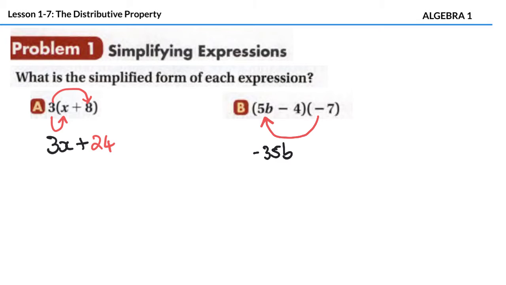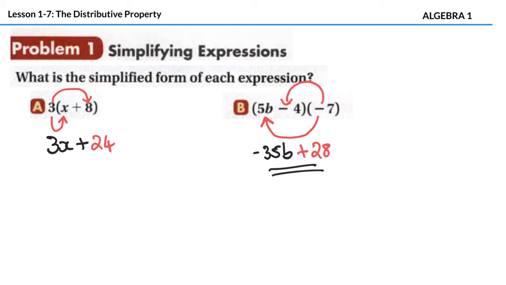And then you multiply the negative 7 with negative 4, the minus 4. So negative times negative will become positive, and 7 times 4 is 28. So what's the answer? It's negative 35b plus 28.